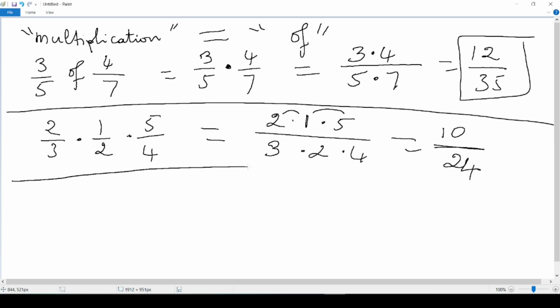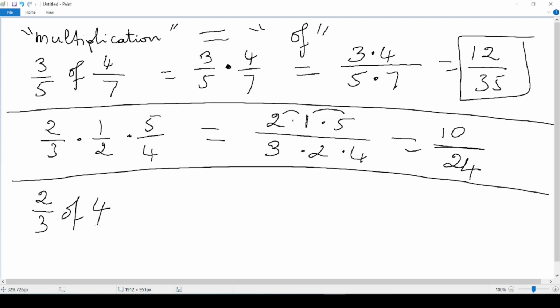So that's good. Let's do this. What is 2/3 of 4? So we said that it's just multiplication, right? But here we are multiplying 2/3 and the 4. So what crosses our mind is the 4.